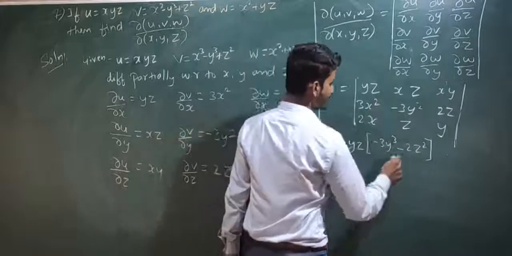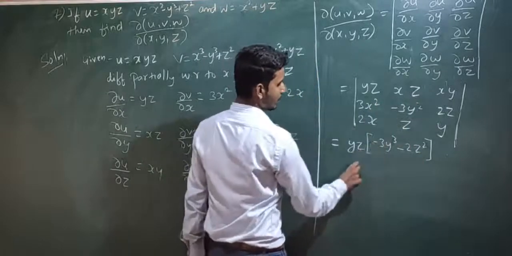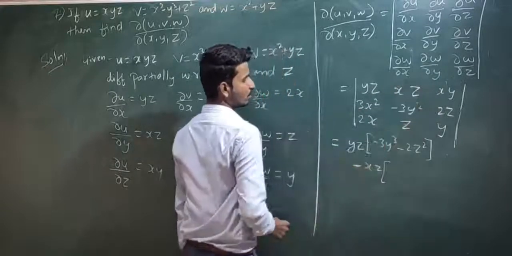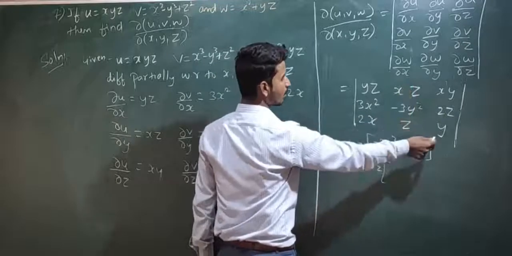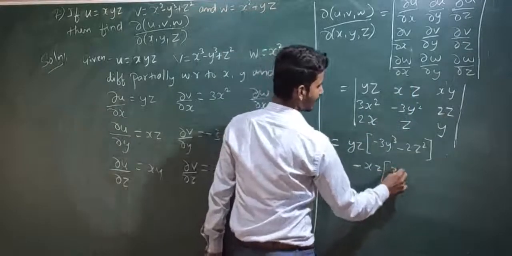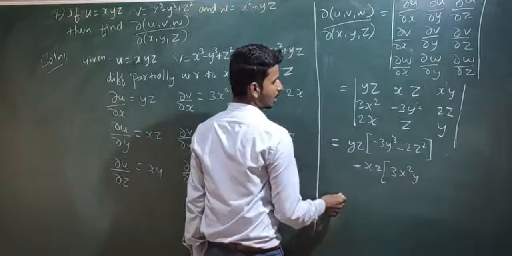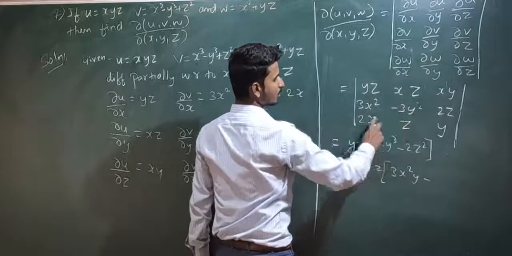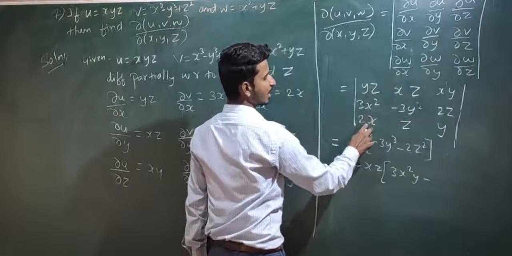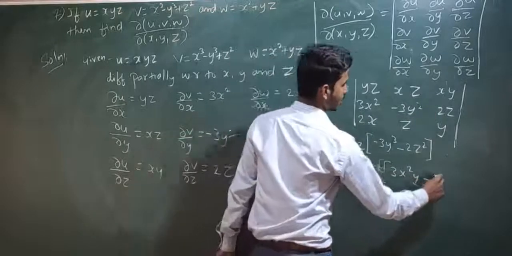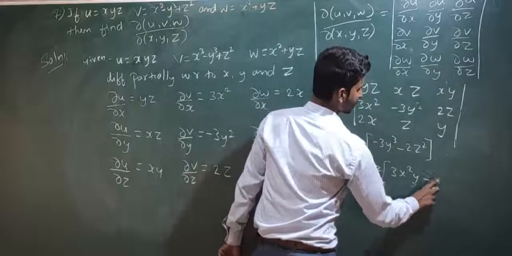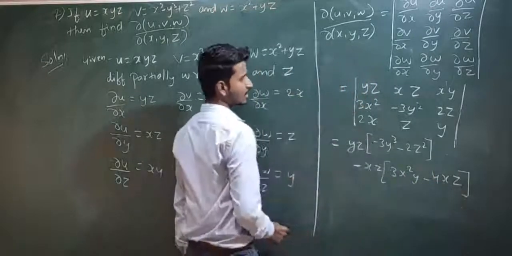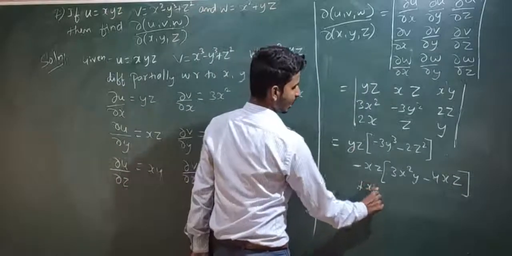Next the middle term, minus xz: we leave this row and this column, and the remaining terms are 3x²y minus 2x into 2z, that is 4xz.